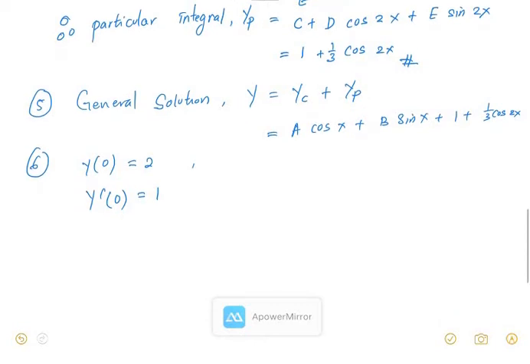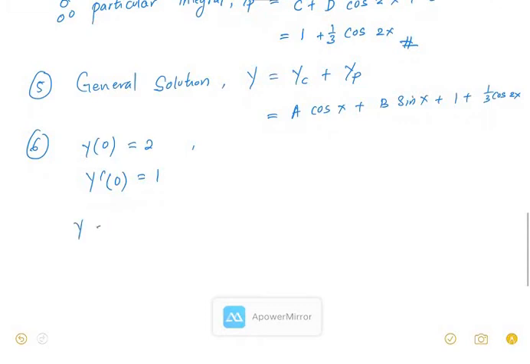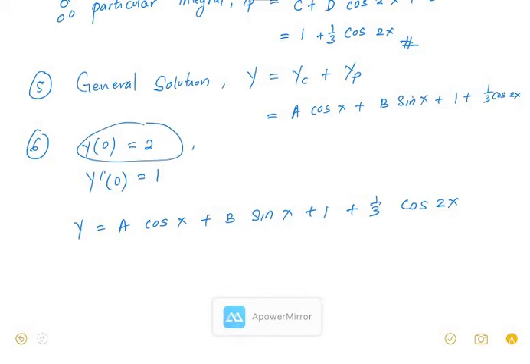Alright, so y prime, so I straight away substitute the value. So this is the equation of the y. Now I substitute using this initial value.